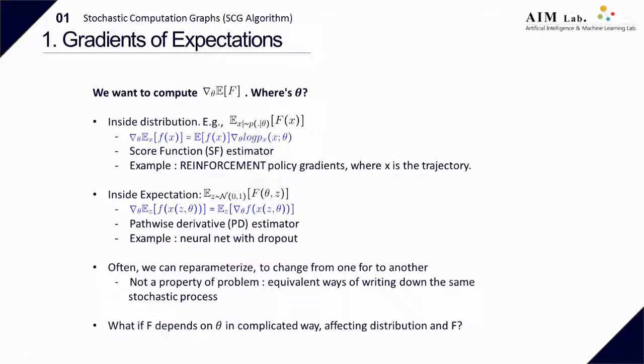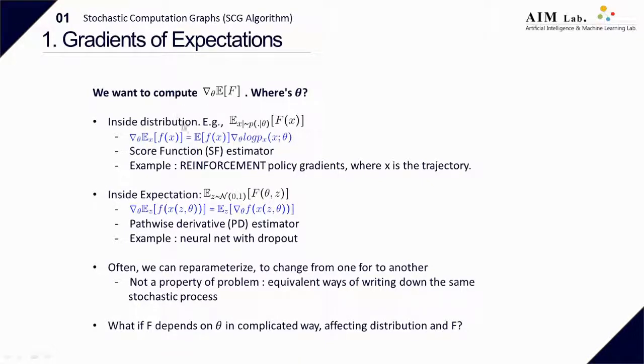Let's look at the gradient of an expectation more formally. F can be the loss or reward. We determine the theta that will optimize it. The important problem is what estimator we will use. To know that, we will check where theta is.